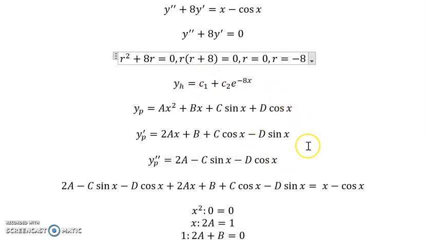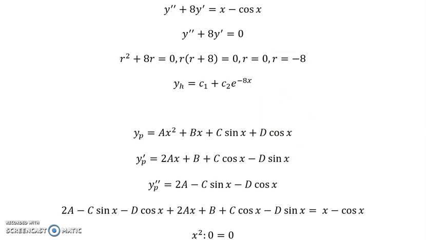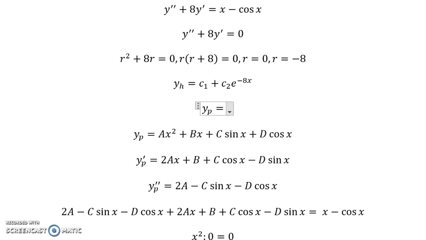Now, normally we would want to make a guess of, initially we're thinking yp should be ax plus b, because for our polynomial we need to take the x and then all the terms lower than that, and then c sine x plus d cosine x.